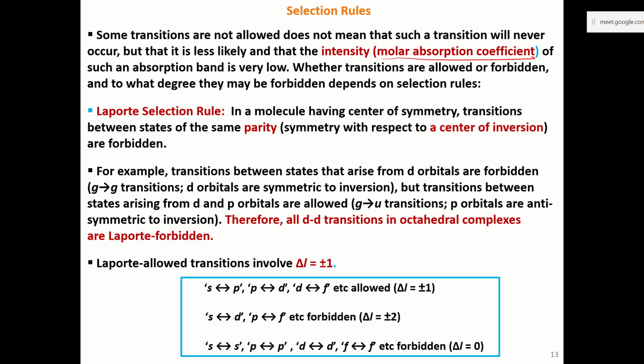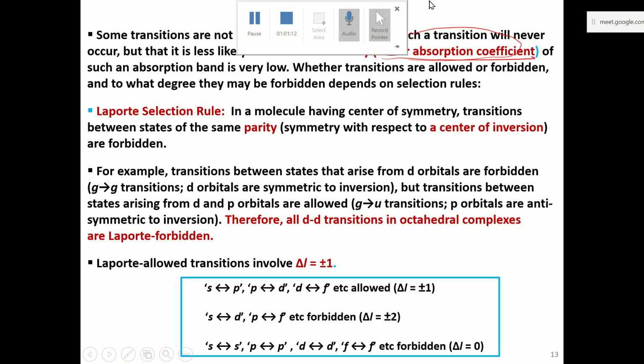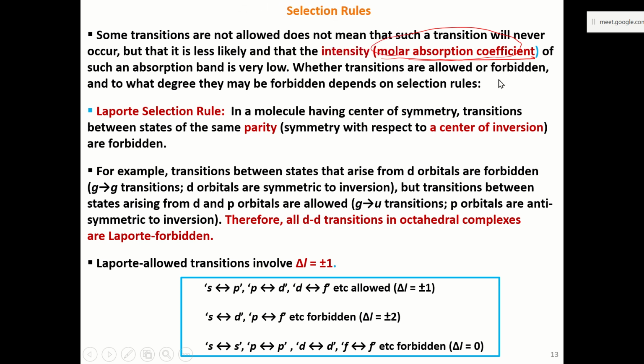If the molar absorption coefficient is high, you have a huge, strong absorption, and the absorbance value will be high. It will appear dark in color. Something will appear dark in color. So these are the things.